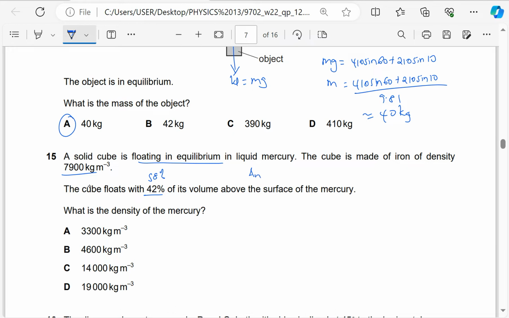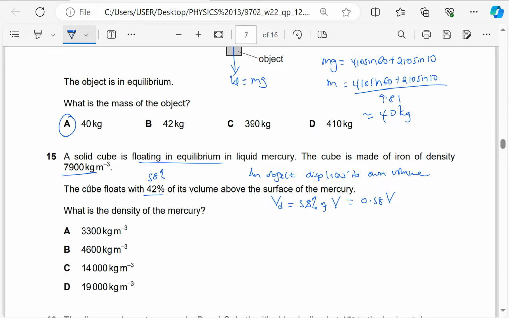An object displaces its own volume. So the volume displaced is going to be 58% of V, so it is 0.58 V. That is the volume displaced.